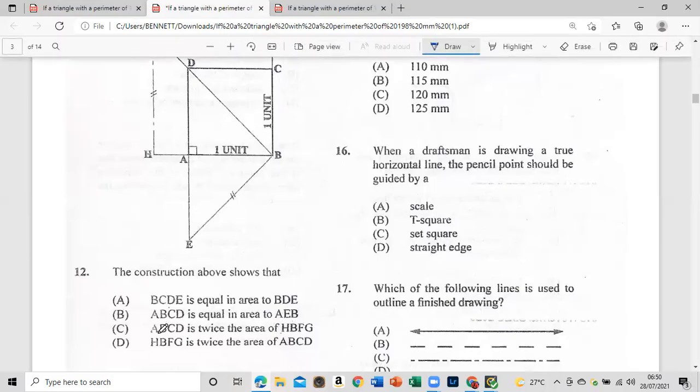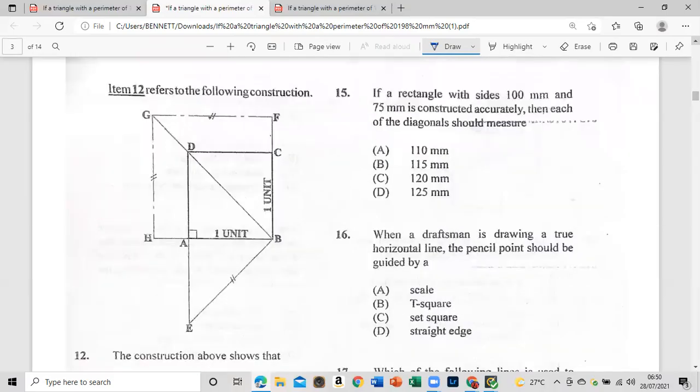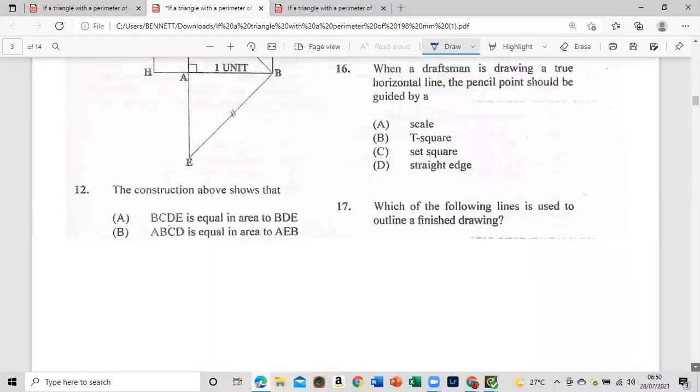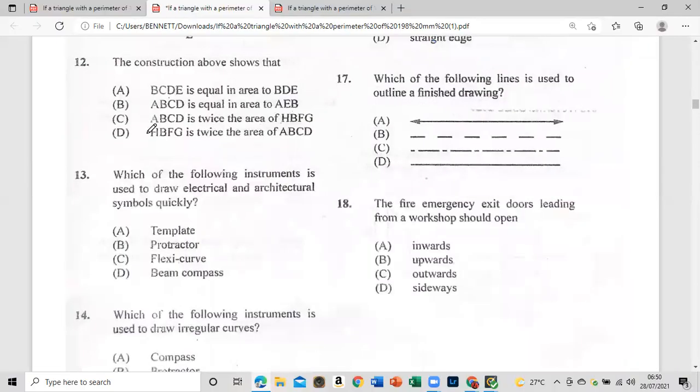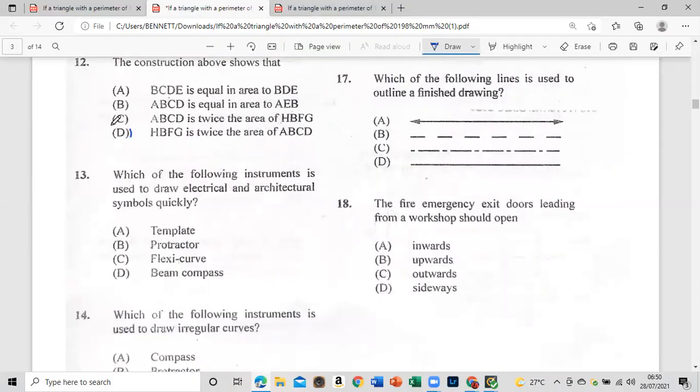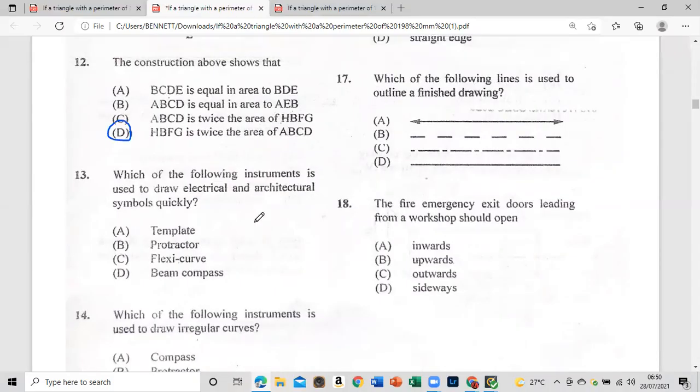So it has to be this: HBFG is twice the area of ABCD. Let's see this now. That makes sense now. So number 12 is D. Some of them, guys, just need a little reasoning. So reason it out as much as possible.